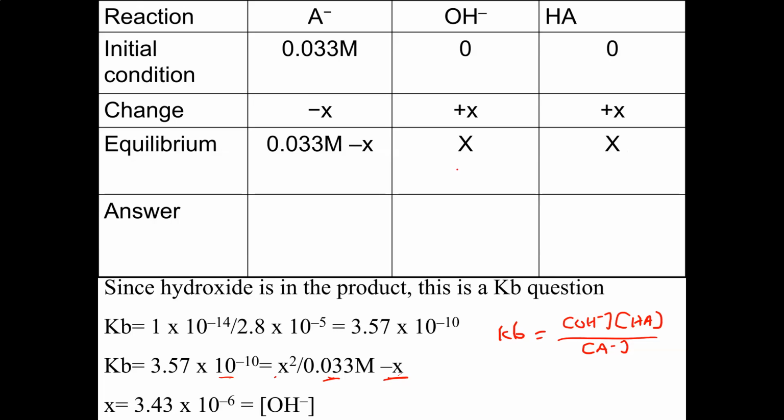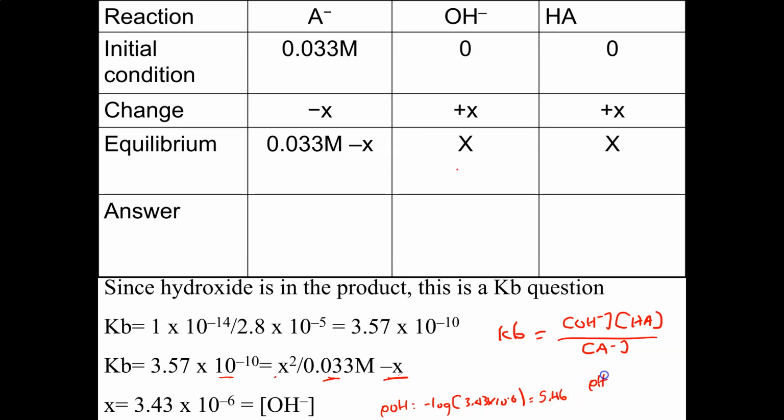So my pOH would be, I think they only asked for hydroxide, right? But let's say you had to do the pOH. So pOH is equal to negative log of 3.43 times 10 to the negative 6. So when you plug this into your computer, log 3.43 E negative 6, you get 5.46.